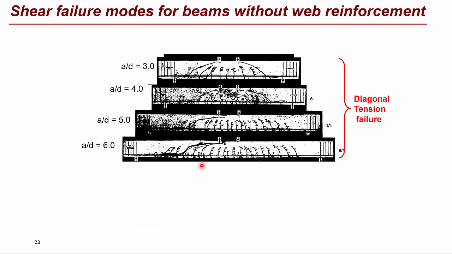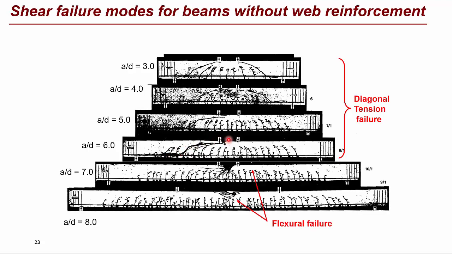And if the a over d ratio is greater than 2.5 up to 6, it will have a diagonal tension failure. As you can see, there is a big diagonal crack extending from the tension side to the compression side. And if the a over d ratio is greater than 6, the beam will have a flexural failure. As you can see here, there are a large number of vertical cracks, the steel will yield, and finally the concrete will crush in compression.